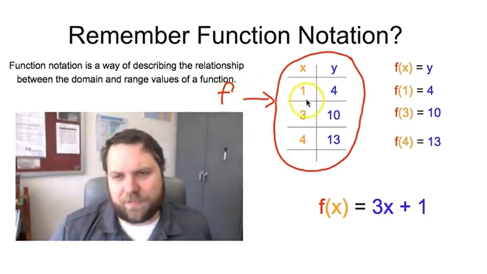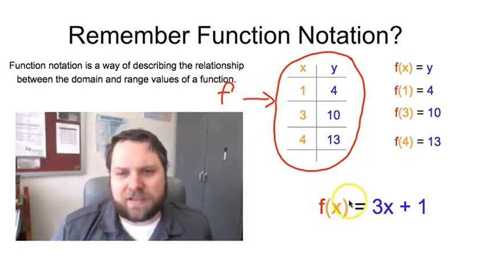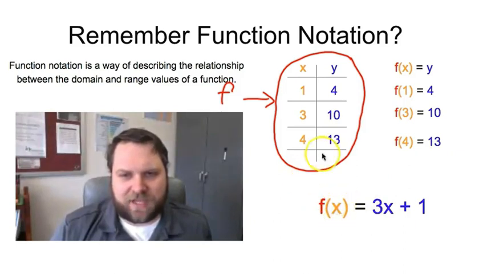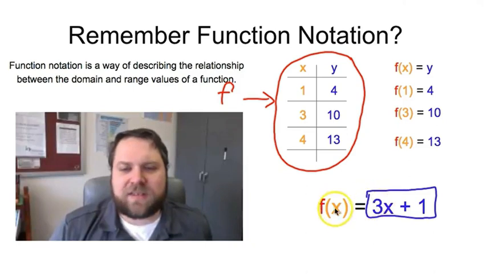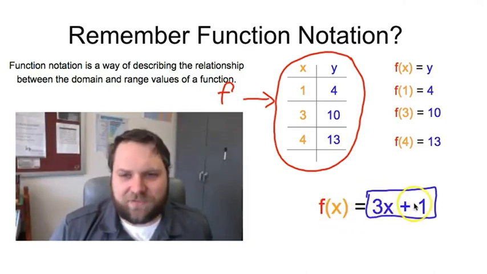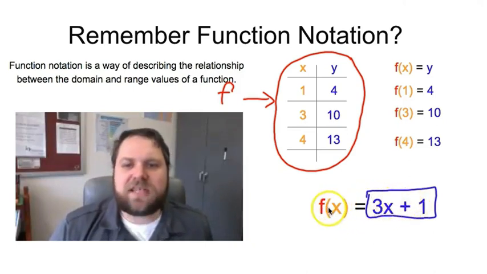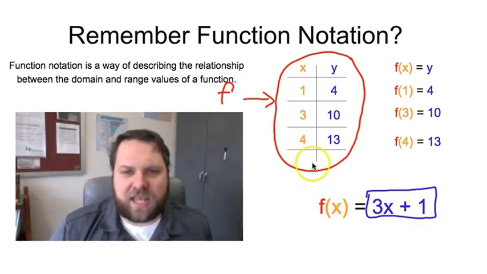It's just a name. And when I come down here, I've got the same thing going on, except that what's different is I've got my name of the function, f, I've got my domain value, the x value is there, but instead of just giving a y value, I give a recipe for it. So that is, if I know what x is, I can find the y value. So take, for example, this function f.